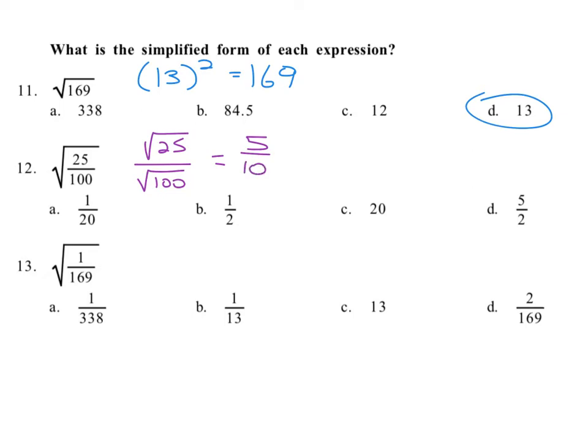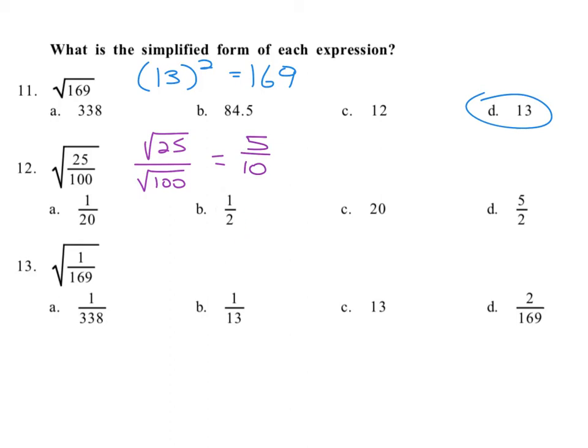So that means that this squared equals what's inside, and you can then say, but Mr. Massey, I don't see that as an answer choice. Good point. Do you see that this is a fraction you can simplify? 5 over 10 can be simplified to 1/2.